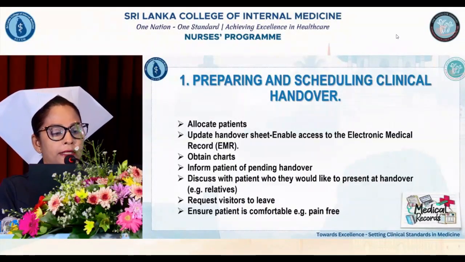We have to obtain necessary charts, inform the patient of pending handover, and discuss with the patient who they would like to be present at handover, for example, relatives. Request visitors to leave. Ensure the patient is comfortable, for example, a pain-free and odor-free environment as well.